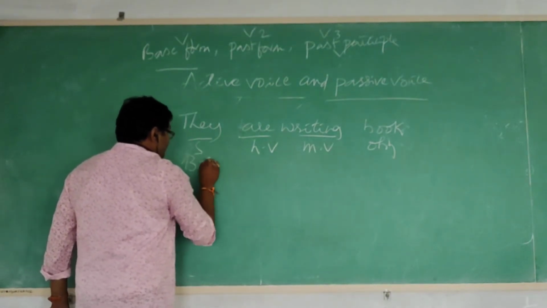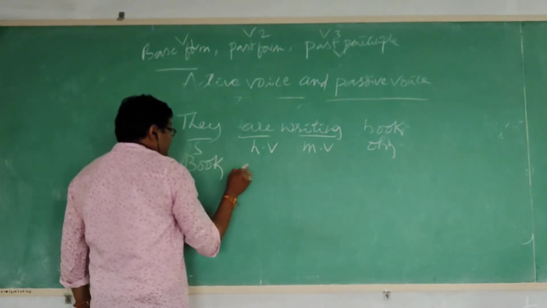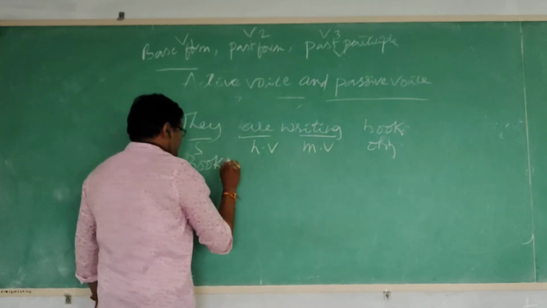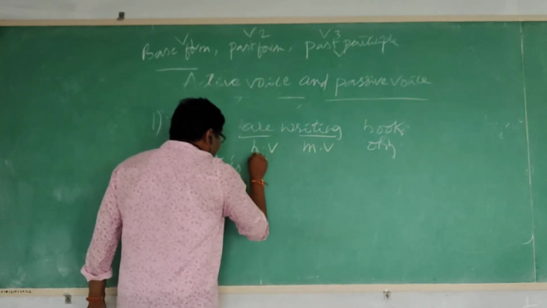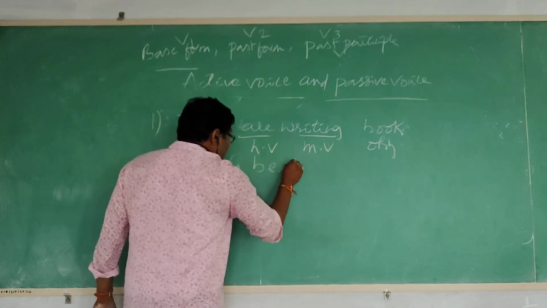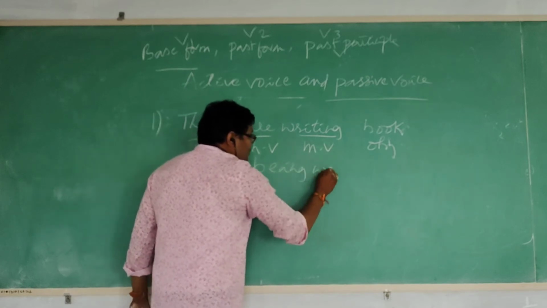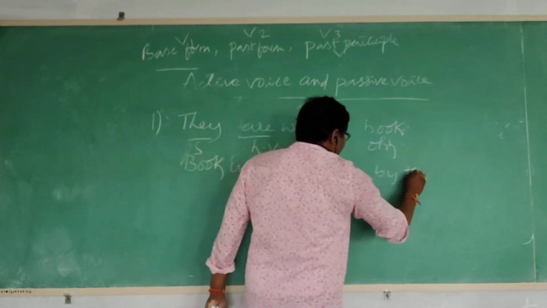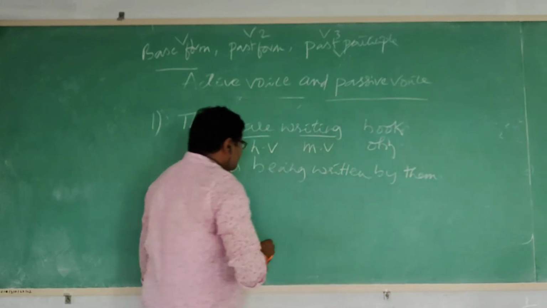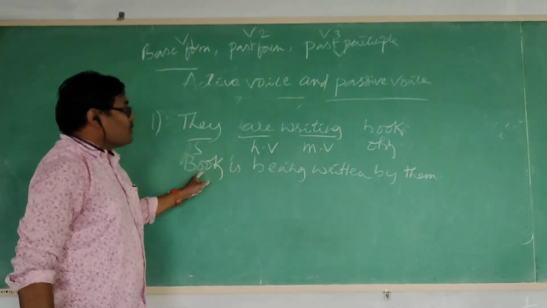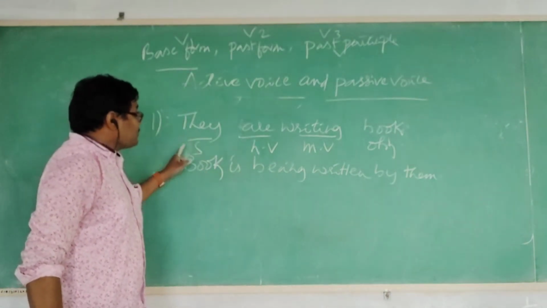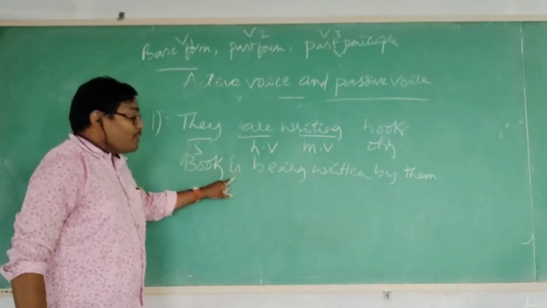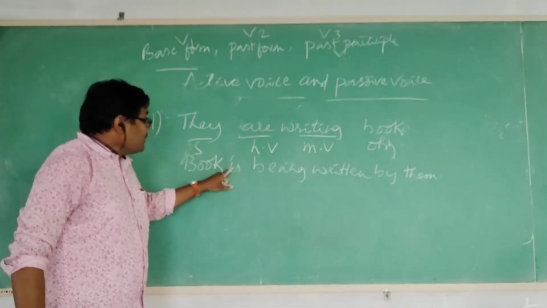See, book. The second rule is that the object of the active voice became the subject of the passive voice. Book is being written by them. The object of the active voice became the subject, that's why we write book, and we have to use the helping verb is.